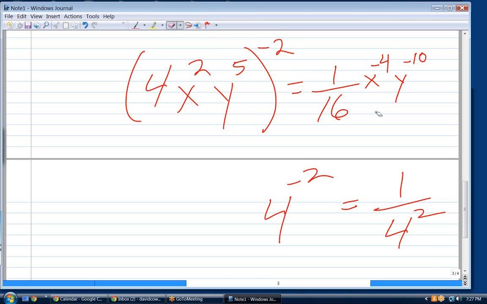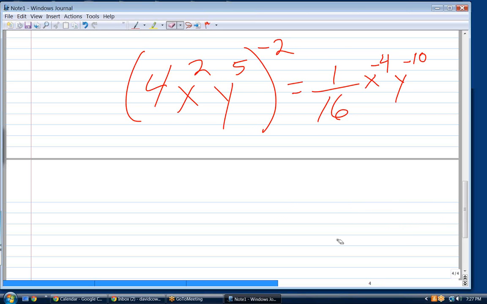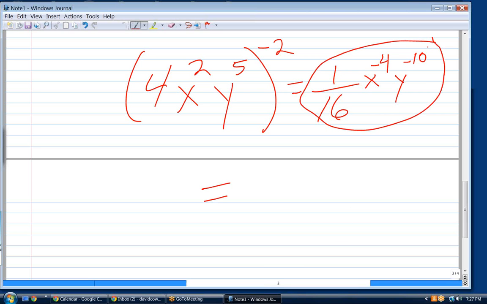Okay? Now, if the instructions were do not give any answers with negative exponents, how do I simplify this? What does that equal if I want to use all positive exponents? There's no negatives anywhere. This is 1 over 16.